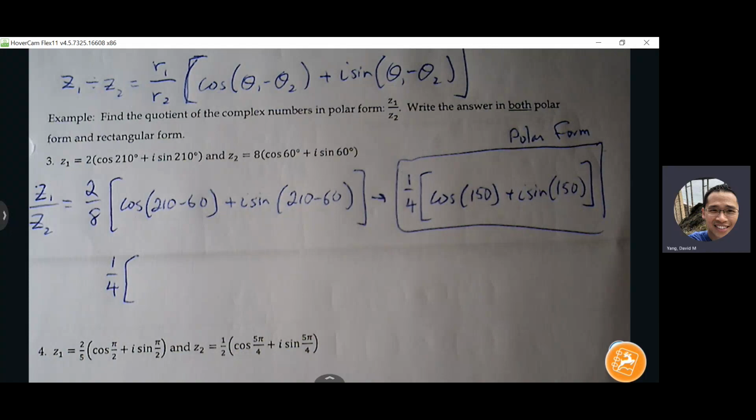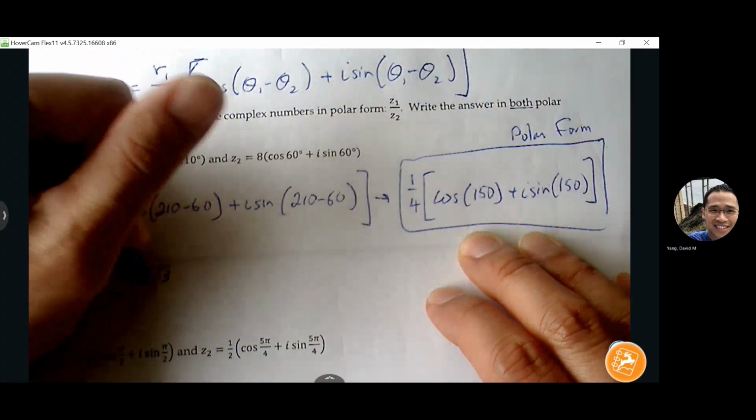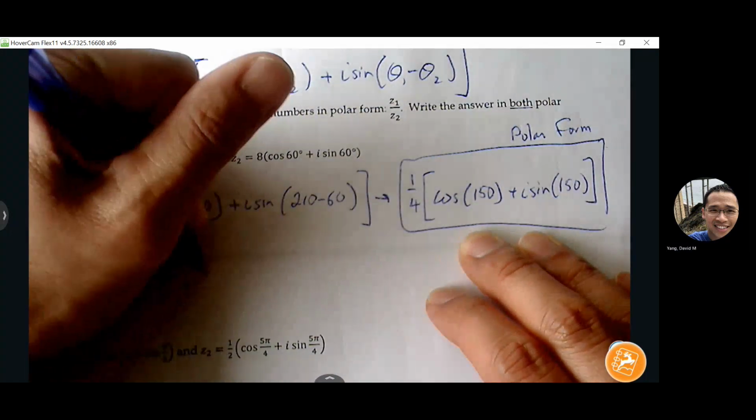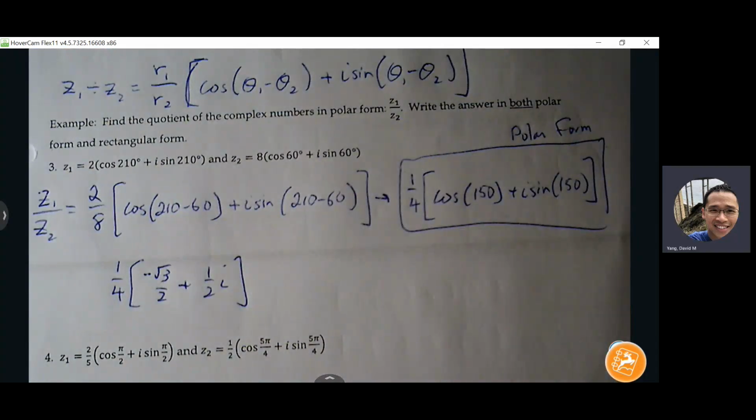Right, so cosine of 150 is going to be negative √3 over 2. And sine of 150 is 1/2.